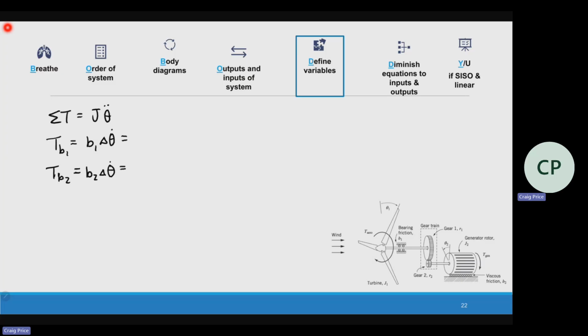I have to figure out what that delta is. Now, in this problem, do I have a delta? Let's say for TB1, the friction is acting between J1 and the housing, which is fixed. So do I need a delta? No delta. We could say it's theta 1 dot minus 0. So it's just B1 theta 1 dot. The wall doesn't move.